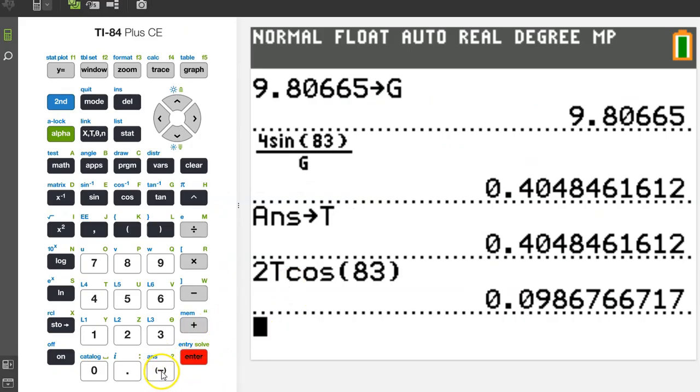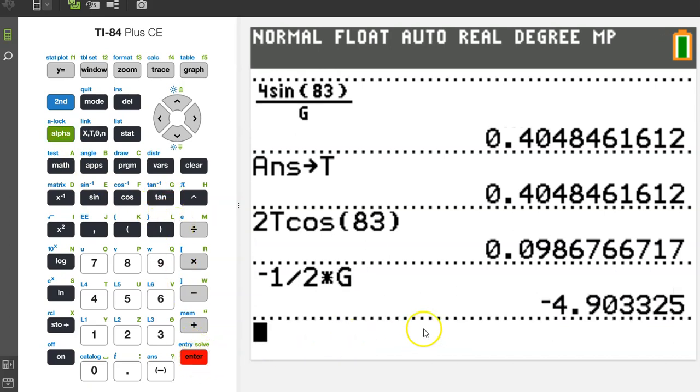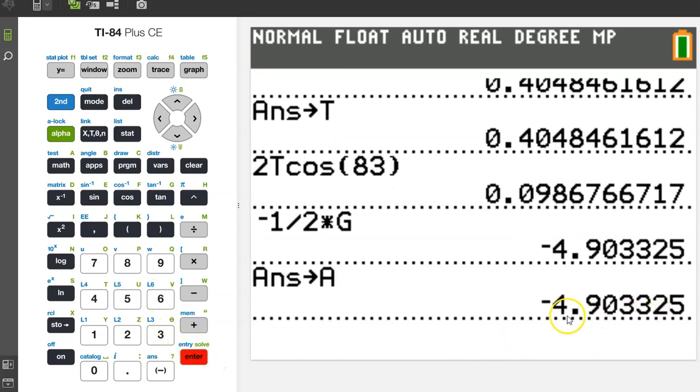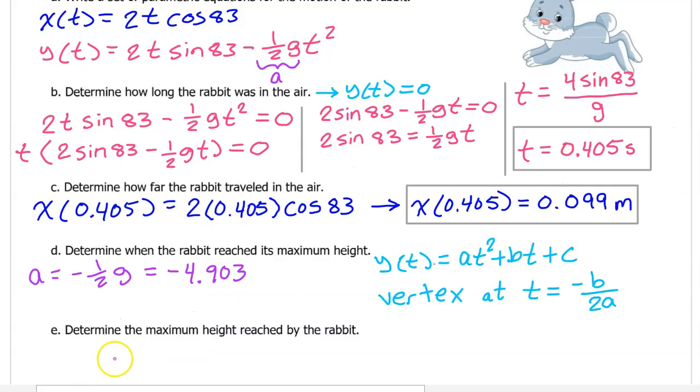So negative 1/2 times g. So it's about negative 4.903. Actually, let's store this into letter A on the calculator right now. So store alpha A. Okay, now we'll write it down.